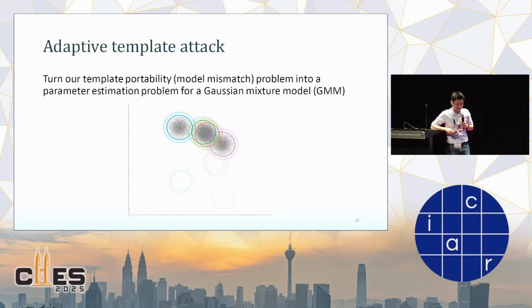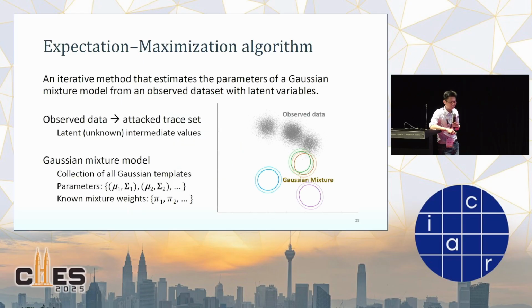So this sounds amazing. If we look up this EM algorithm on Wikipedia, you'll see an explanation like: it's an iterative method that estimates the parameters for a Gaussian mixture model from an observed data set. We find this description perfectly matches our situation, where we have some observed data, that is our attack trace set, and this trace set has hidden intermediate values that are unknown to the attacker, us.